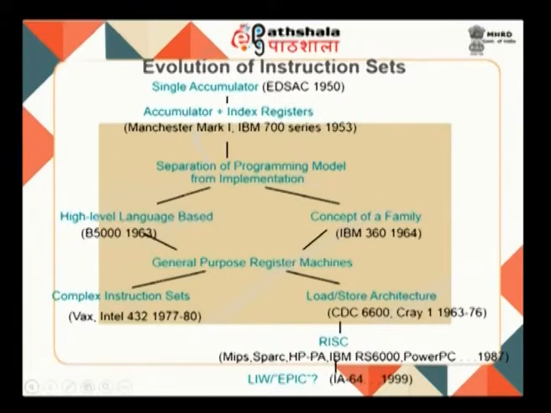So, you had implementations based on high level language, based on general purpose register machines, and so on and so forth, and most of the machines that are used today are based on the RISC instruction set architecture. This is just to give you a feel of the evolution of instruction sets. Most of these terminologies will be clear to you as we go through the other parts of this module.